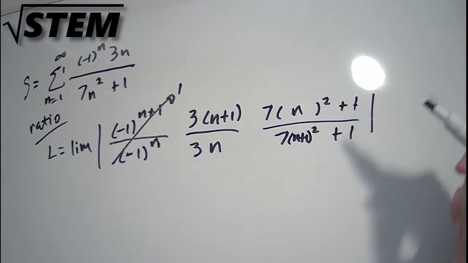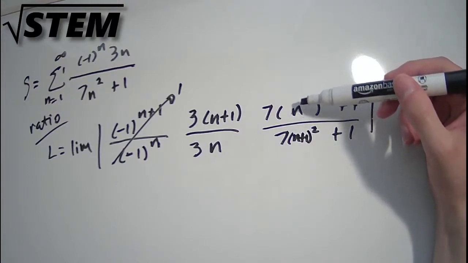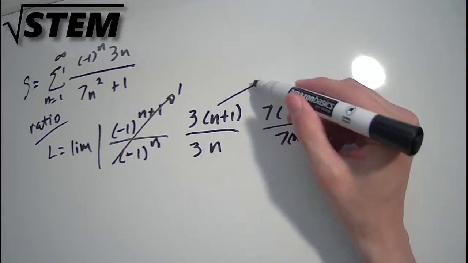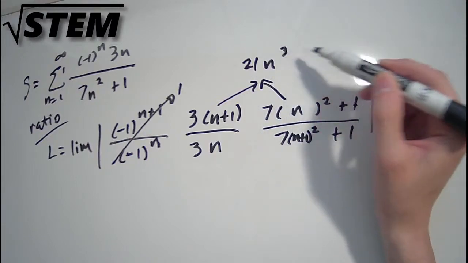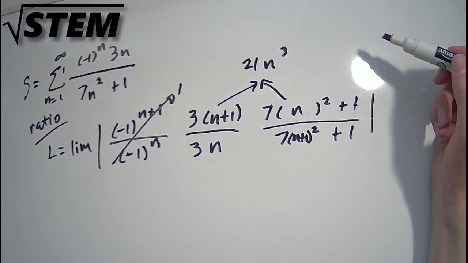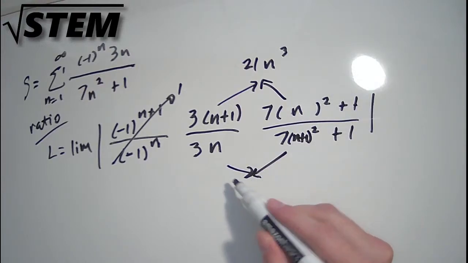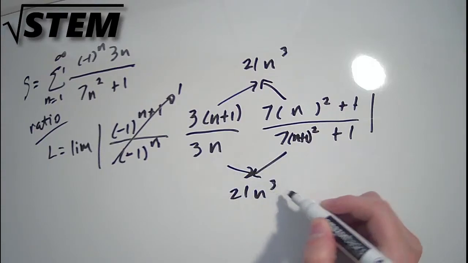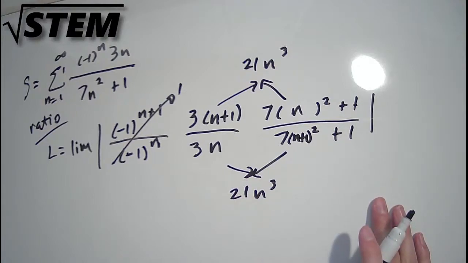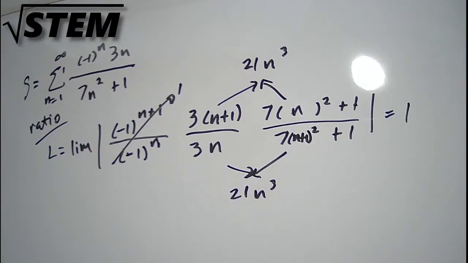So on top we're going to have 21n cubed out of it, and on the bottom we'll also get 21n cubed. Oh man, are you serious? Okay, so this limit will be 1, and we get no conclusion from the ratio test.